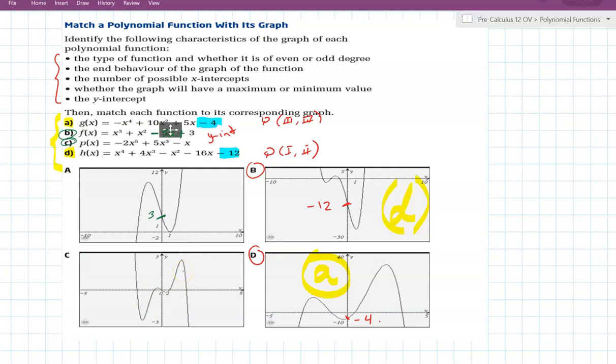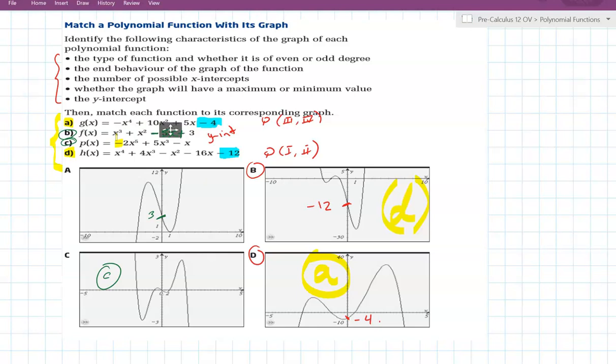So it turns out that this represents P of x, which means graph C matches equation C. Again, the end behavior goes from quadrant 2 to quadrant 4, which tells me there is a negative in front, meaning it's been reflected over the x-axis.